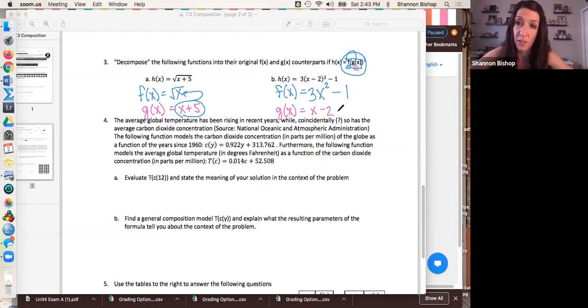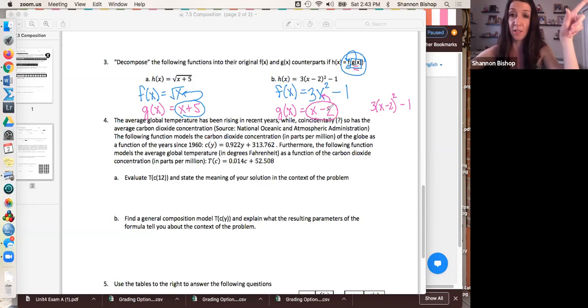So if you compose this now, if you take g of x and plug it in right there, would it say what you want it to say? Well, you'd have 3 on the outside. It is not x squared anymore because you're composing x minus 2. So in place of the x goes the x minus 2. It's still squared. And minus 1 was on the outside now. See how that's different? Since I took the minus 1 off of the g of x and put it into the f of x instead, I'm now not plugging 1 in to the x's position. It's still just on the outside. So is that what you wanted?